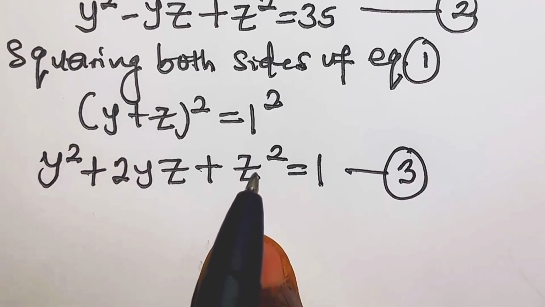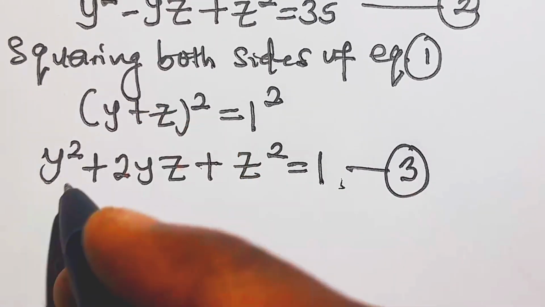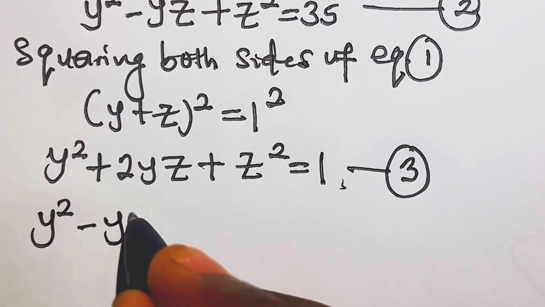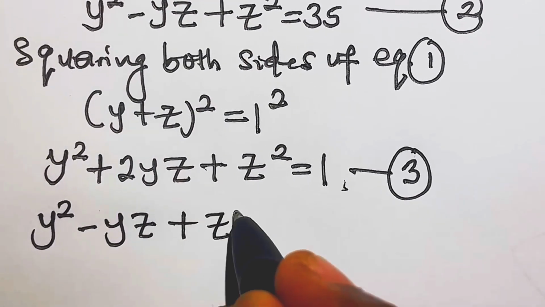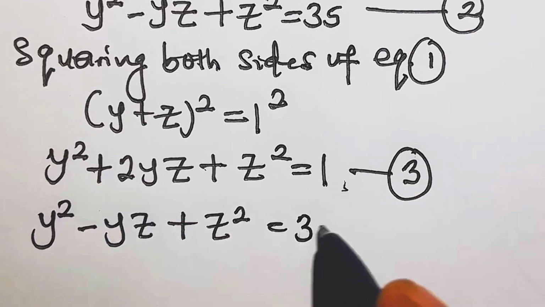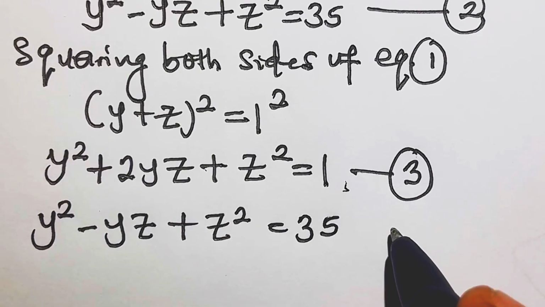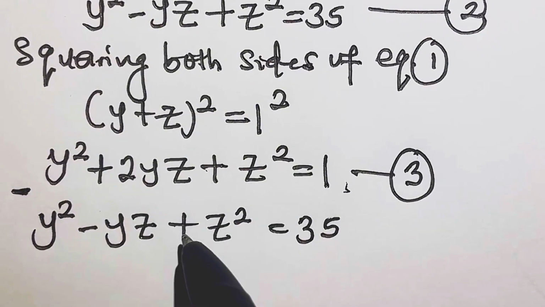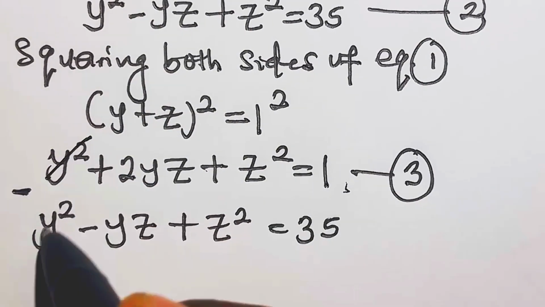So, and here, since we have equation 3, let's remember that our equation 2 is y square minus yz plus z square equals 35. So now let's subtract equation 2 from equation 3. And if we do, we know that this will cancel this.